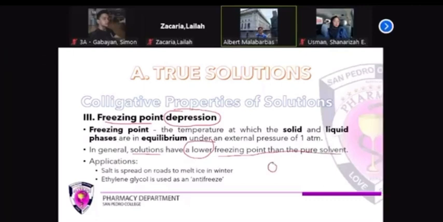A pure solvent like water has a freezing point at around 0 degrees Celsius. But a solution, solute plus solvent, will have a much lower freezing point, reaching negative degrees Celsius. This means that to become solid, instead of 0, you need a lower temperature. So the freezing point is depressed.